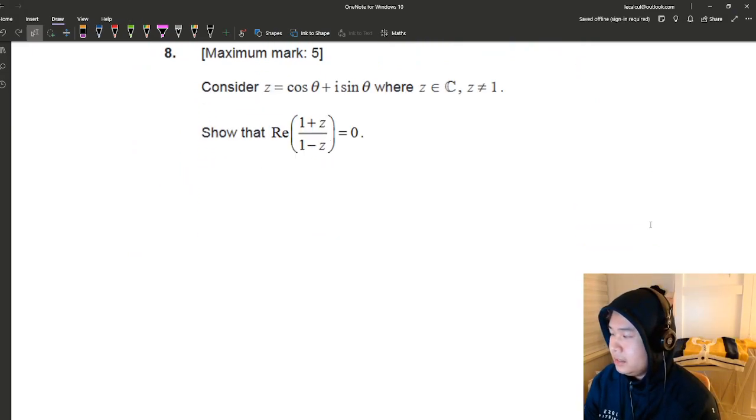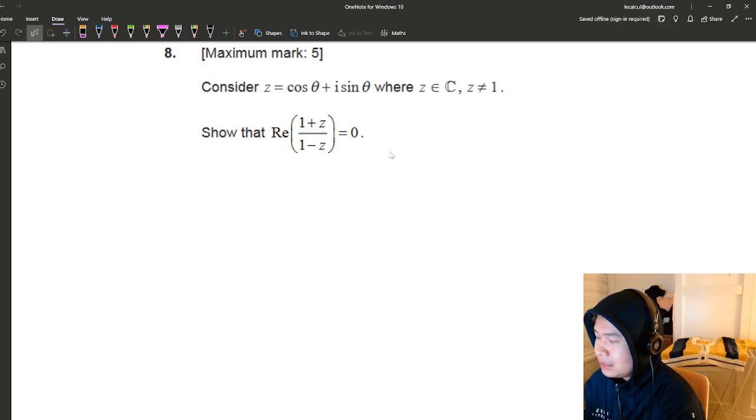Okay, consider this complex number, z. Show that the real part of this is 0. Okay, so we have a complex number. It's made from a division of 2 complex numbers. So what I'm going to do is I'm just going to simplify this.